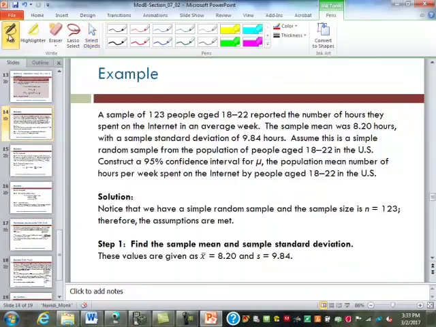So here we have a sample of 123, so n equals 123. People at age 18 to 22 reported the number of hours they spent on the internet each week. The sample mean was 8.2. So the sample mean, that's our point estimate, of 8.2 hours, with the sample standard deviation.